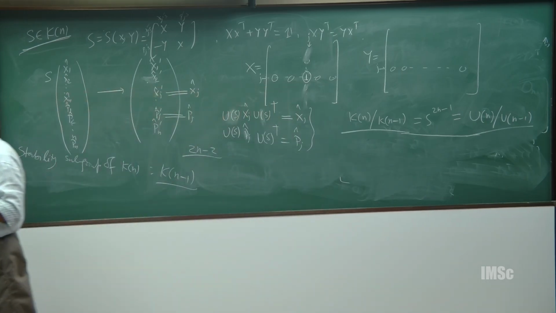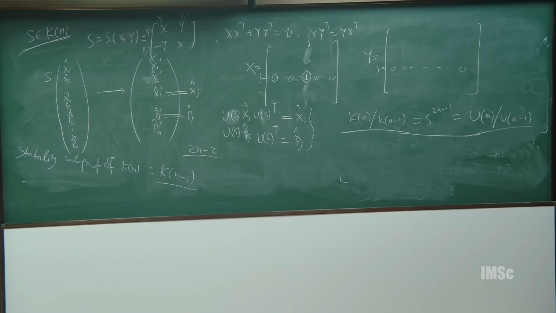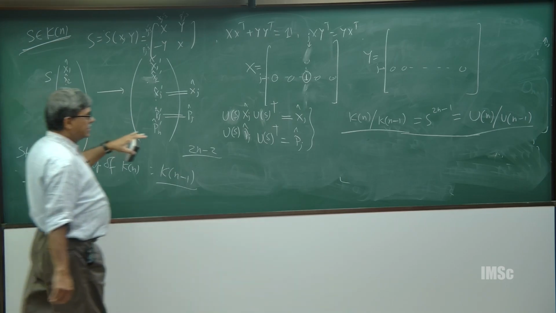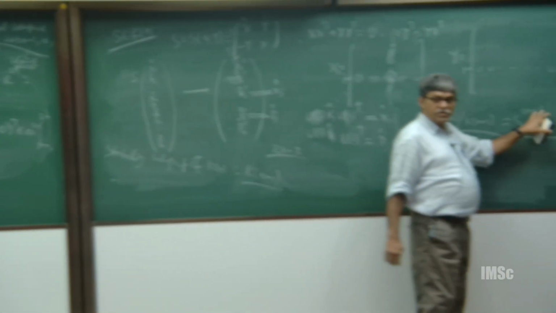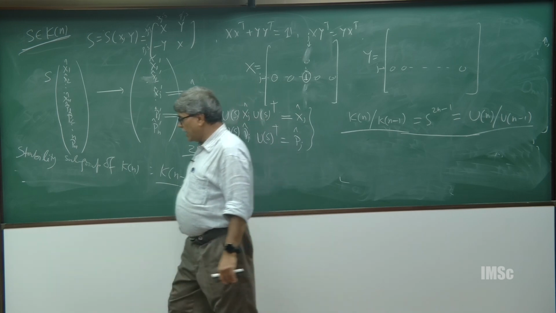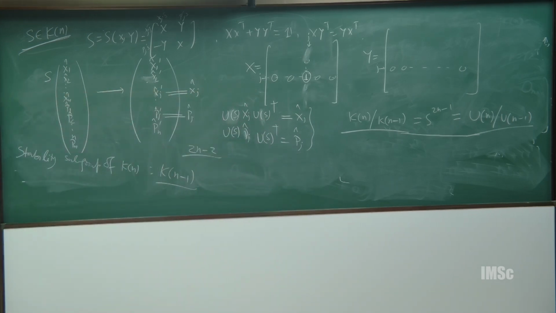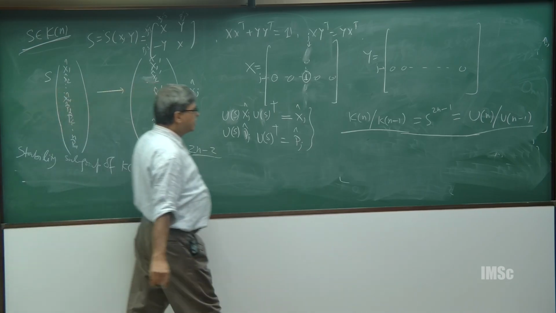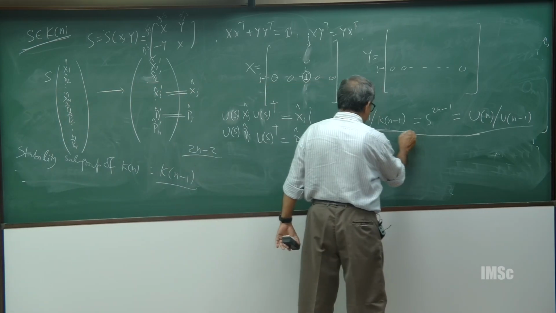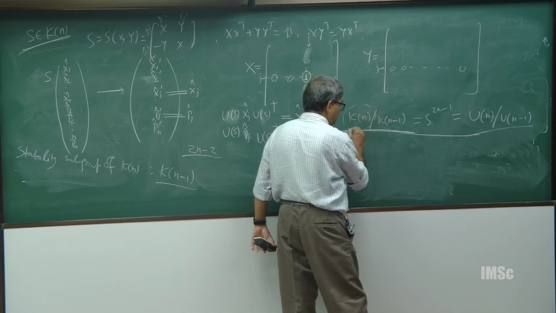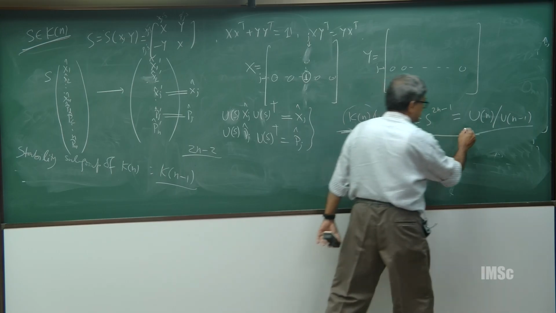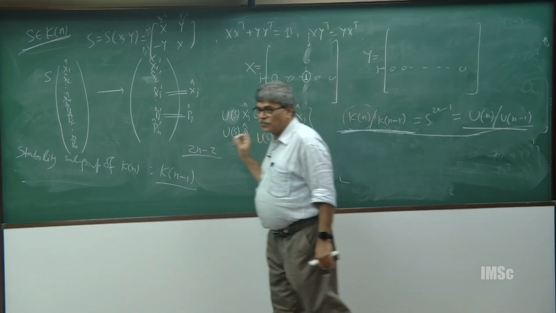So what we are looking for are those elements of this K n which should not change the structure of S 2n minus 1, this unit sphere in 2n dimension. And if you figure out the transformations from this coset, then that will do the job.